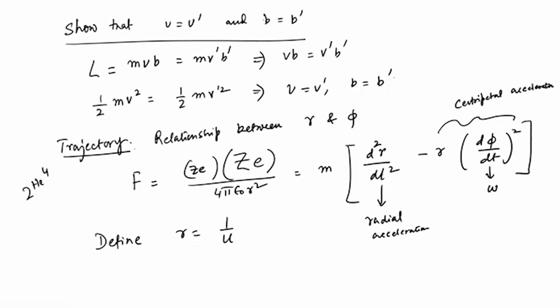So, why did we do that? Because we need to calculate each of these radial and centripetal accelerations separately, and so we can write dr dt equal to dr d phi times d phi dt, and so this is dr du times du d phi times d phi dt.